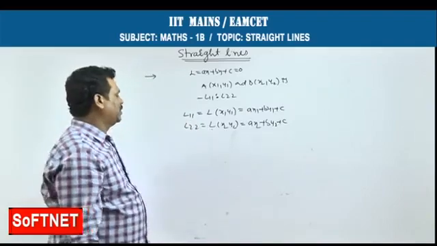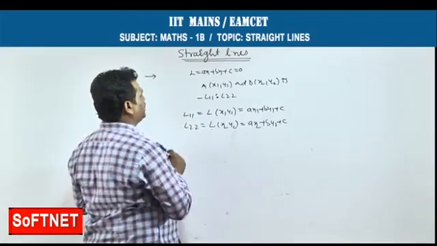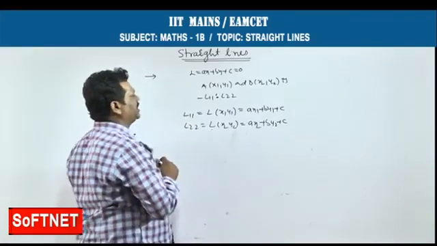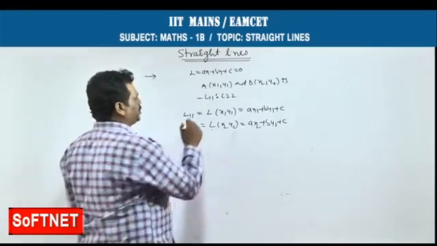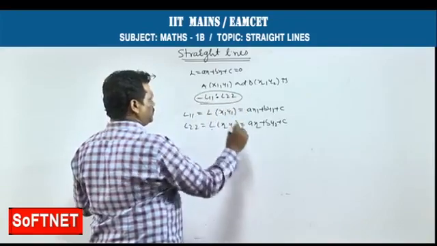This is the ratio. The line ax plus by plus c equal to 0 divides the line segment AB in the ratio minus L11 is to L22.